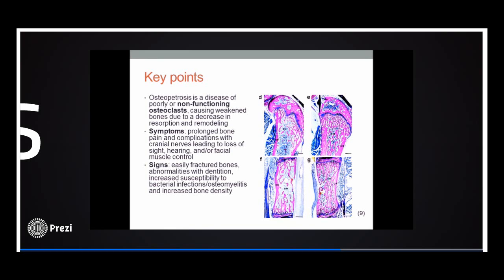The histological findings on the right depict a mouse model with normal bone trabeculation, D and F, and induced osteopetrosis in E and G. Notice the fibrotic marrow cavity on the right, which can lead to decreased hematopoiesis and thus an increased risk of infection.